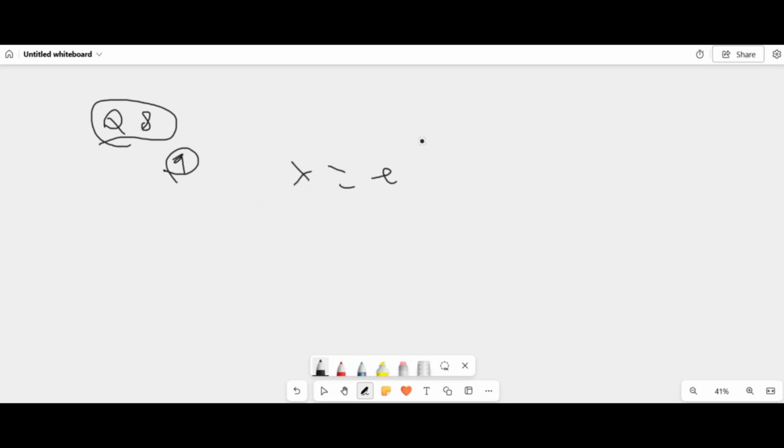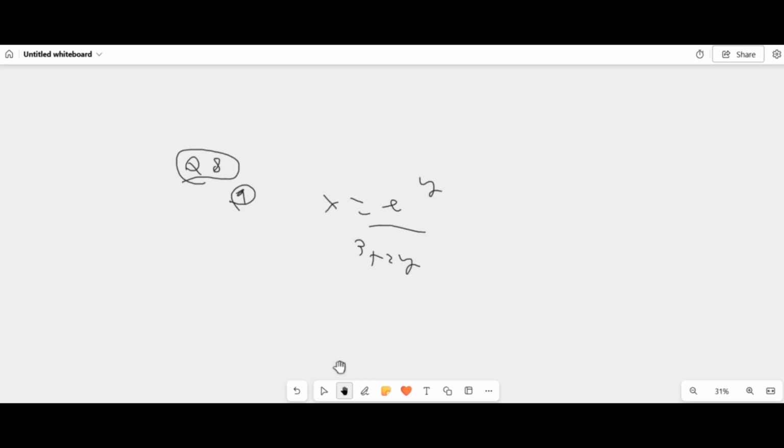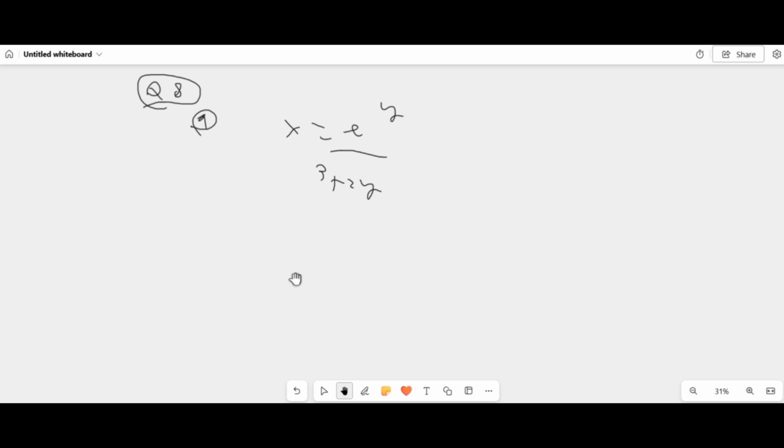All right, cool. Question 8. Got x is equal to e to the power of y over 3 plus 2y. Let me read the actual question.